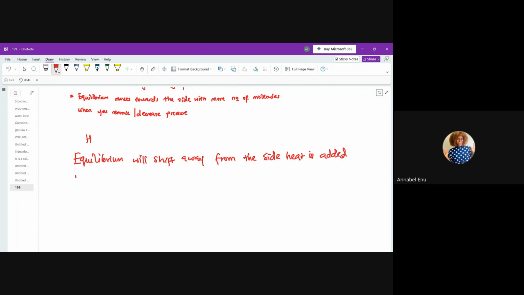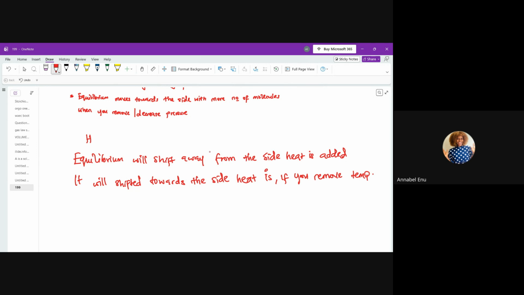Okay, and then it will shift towards the side it is if you remove temperature.